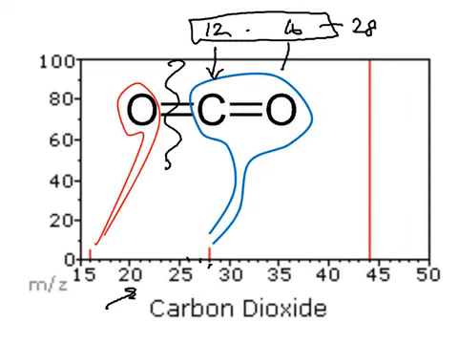And then if it had fragmented that way, the remaining oxygen is 16, and it's 15 there, so this one is indeed 16. And what's given the 44? Well, that's the molecular ion. That's the CO2 with an electron knocked off, so it's got a positive charge. That's the so-called M+ peak.